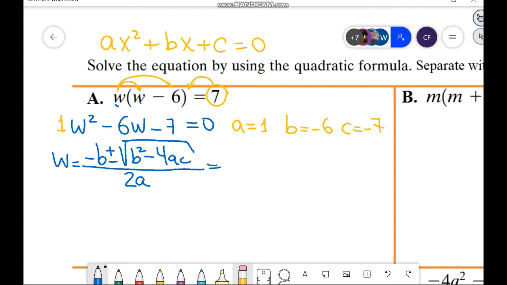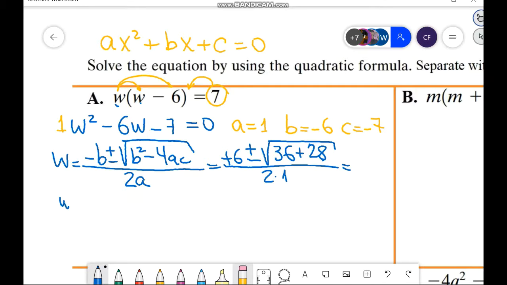B is negative 6, negative with negative, positive 6, plus or minus the square root. B squared, negative 6 squared is 36, minus 4 times 1 times c, negative 4 times negative 7, negative 28, positive 28, over 2 times 1.